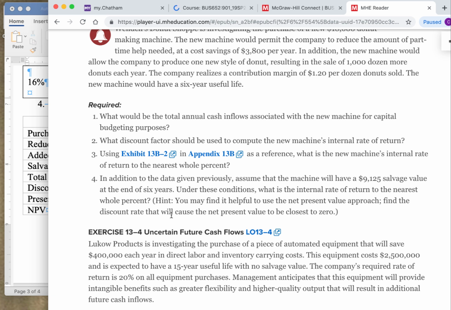Under these conditions, what is the internal rate of return to the nearest whole percent? They give us a hint. Isn't that nice? You may find it helpful to use the present value approach. Find the discount rate that will cause the net present value to be closest to 0. Okay, so that's pretty easy for us to do, right?